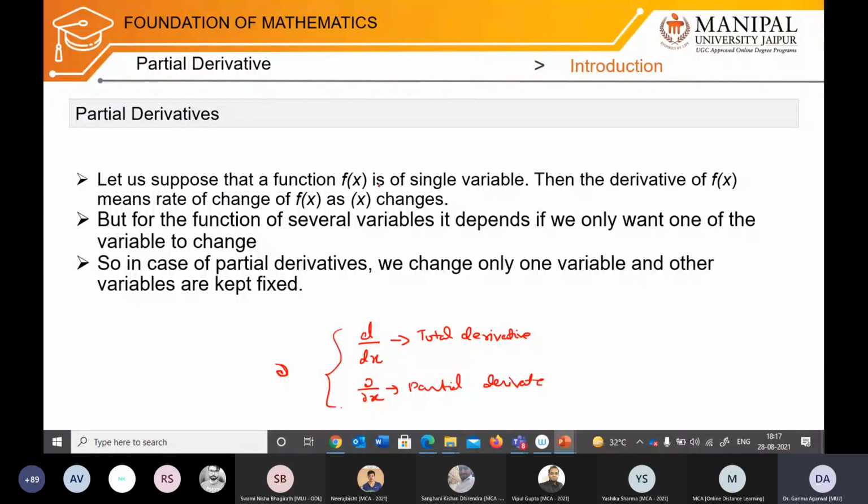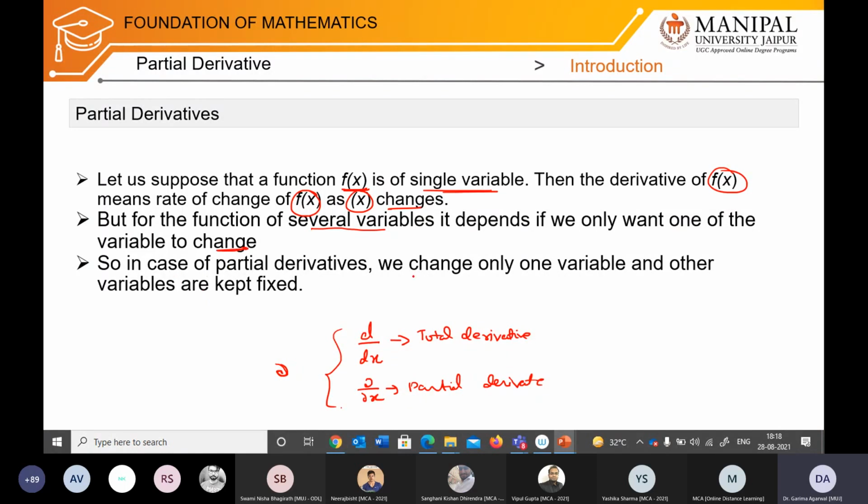Right. Now let's say the function is of single variable x. Then the derivative of the function means rate of change in f(x) as x changes, right? But now if we have a function of more than one variable, several variables, it depends if we only want one of the variables to change, right?